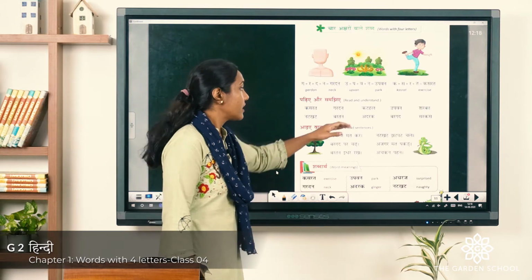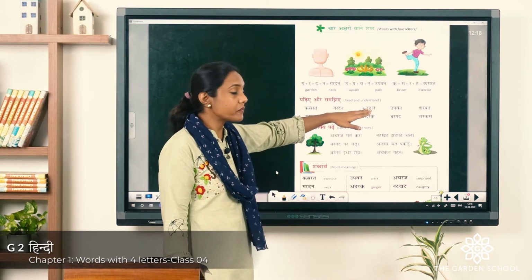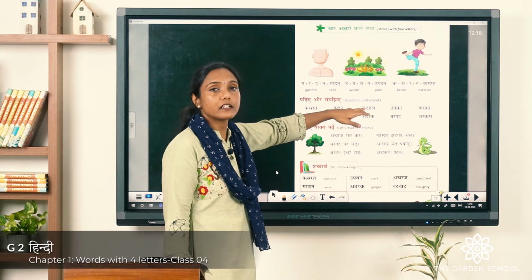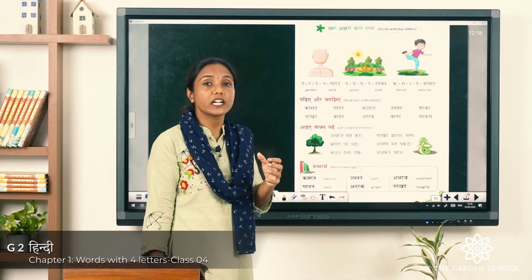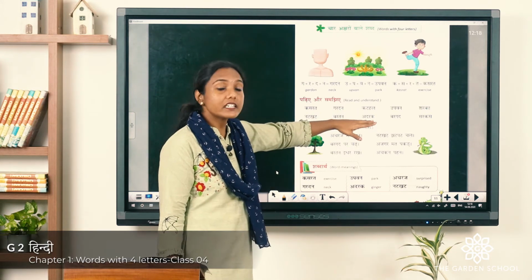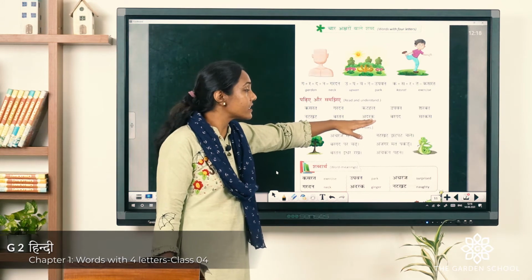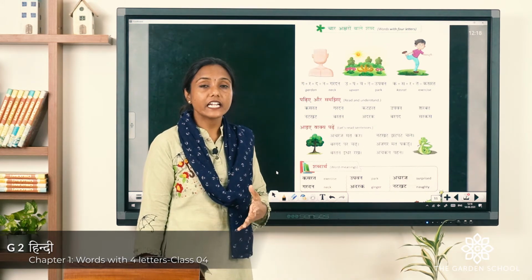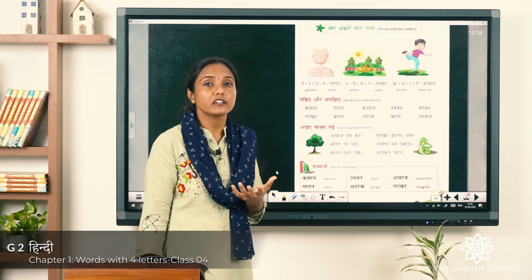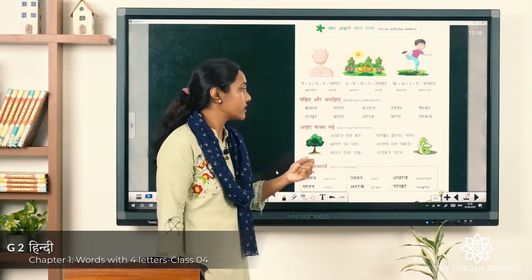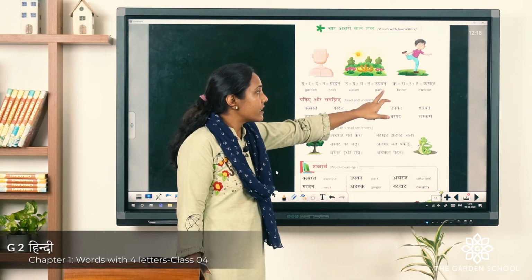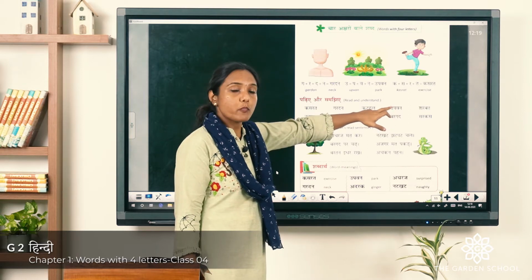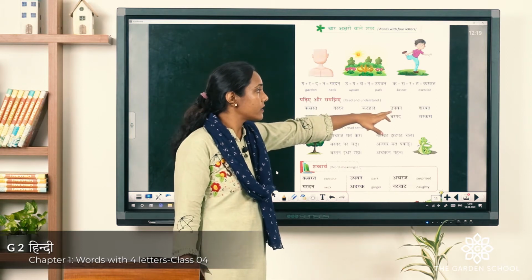Bartan. Kathal. How do we call it? Kathal means jackfruit. Adrak. What is this? In English we call it ginger. In Hindi we say adrak. This is Upvan, we learned here. Upvan we all know means park, right?